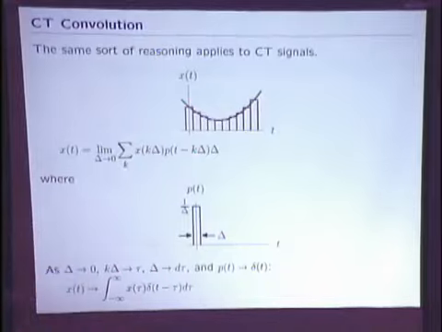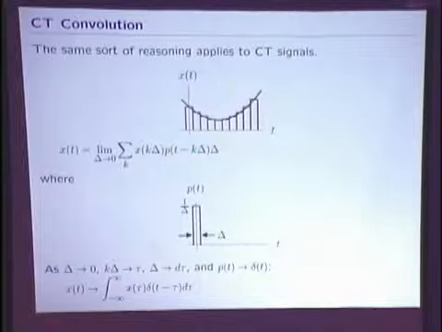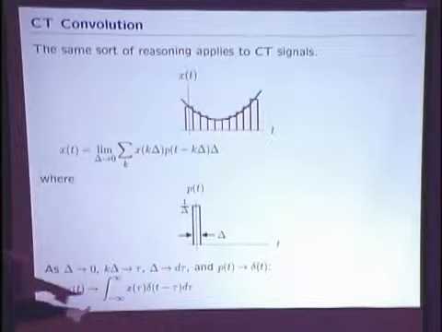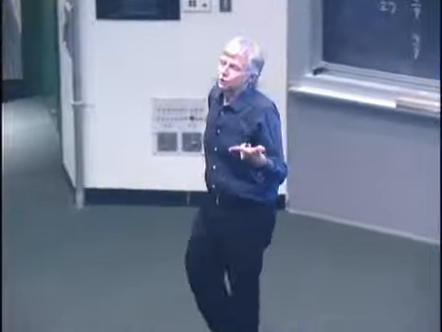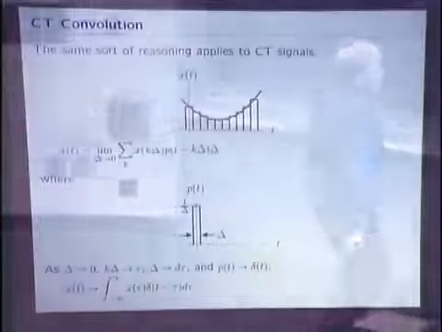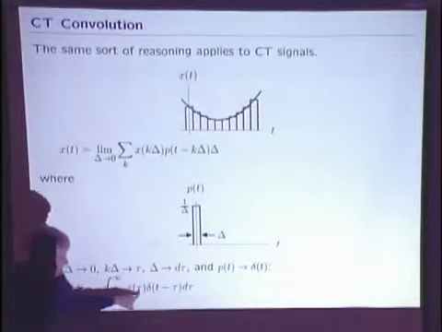And then in keeping with the idea of thinking about a unit impulse function as a limit, I take the limit of that. The result is a function that looks very much like the decomposition of a signal in terms of the unit sample. In the previous case, we summed together a weighted version of a unit sample signal. Here the sum is replaced by an integral, and it's weighted just like it was before.